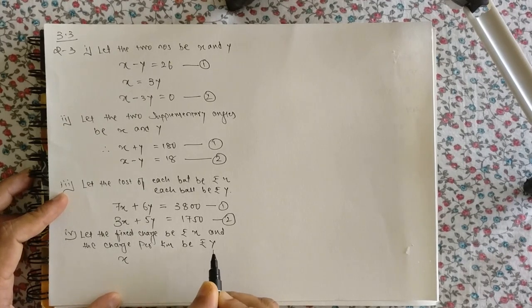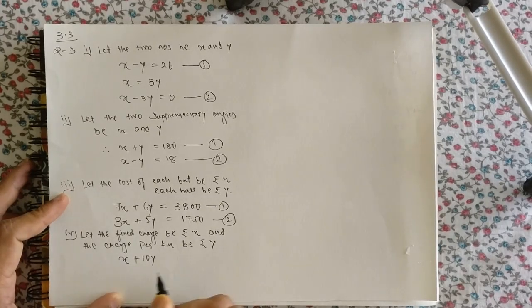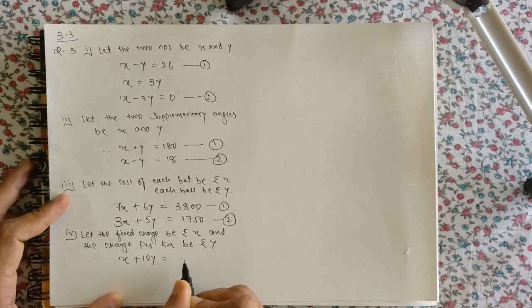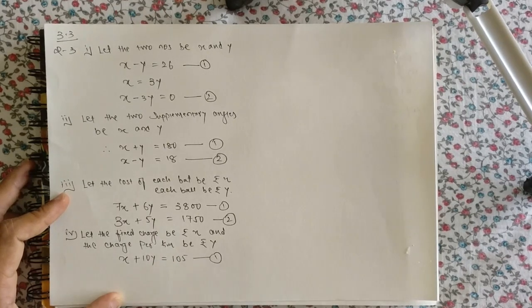Per kilometer you have to pay y. For 10 kilometers, how much you have to pay? 10y. Fixed charge you are paying, plus for every kilometer you are paying rupees y. For 10 kilometers you are paying rupees 10y. And the total charge which you are paying is rupees 105. Equation number 1.